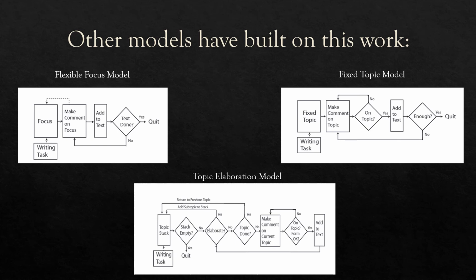So these are all different models, but the topic elaboration model is going to be quite a bit more knowledge generating than the other two. Flexible focus model is going to be really knowledge telling. Fixed topic will be a lot of knowledge telling, might have a little bit of knowledge generation, and then the transformational one would really lie in the topic elaboration model.